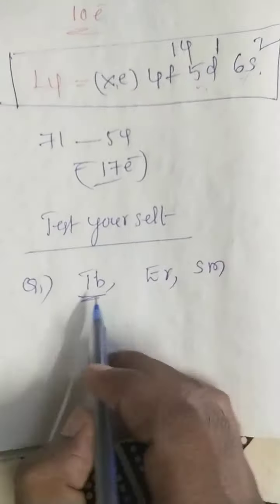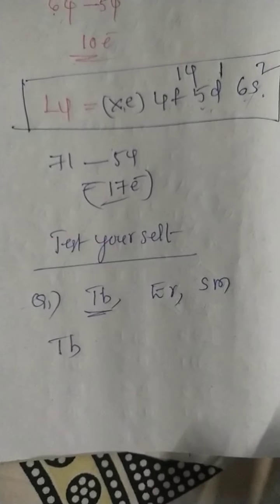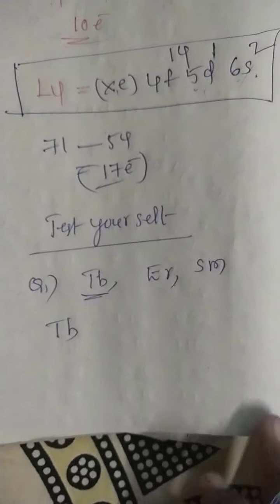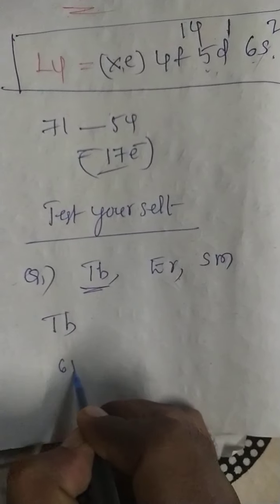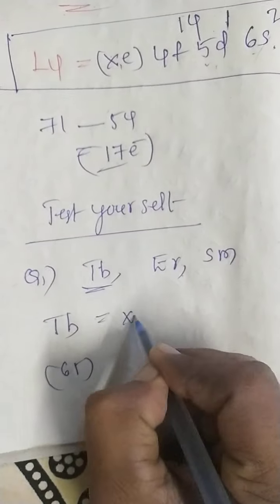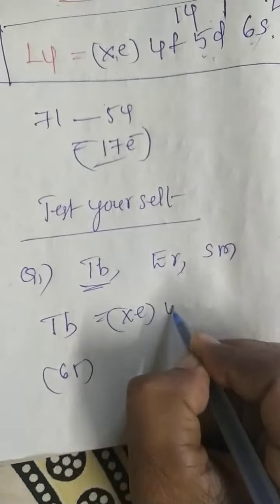So terbium. First of all, without knowing the atomic number of the given element, it is impossible to write the electronic configuration based on this trick. That is the first important point. The terbium atomic number is 65. So 65 is equal to xenon 4f 5d 6s.